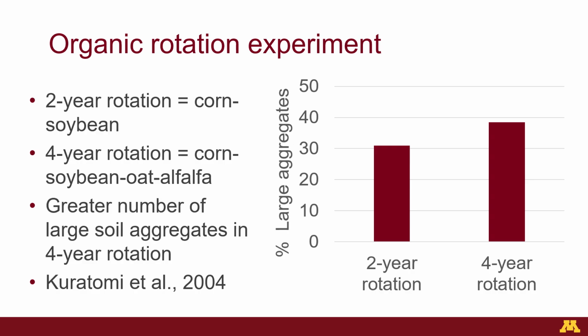The longer 4-year rotation with corn, soybean, oat, and alfalfa had a larger percentage of aggregates compared to a 2-year corn, soybean rotation. The bar graph shows the 2-year rotation had over 30% large aggregates, while the 4-year rotation had almost 40% large aggregates. Larger amounts of aggregates may be an indicator of greater soil quality.